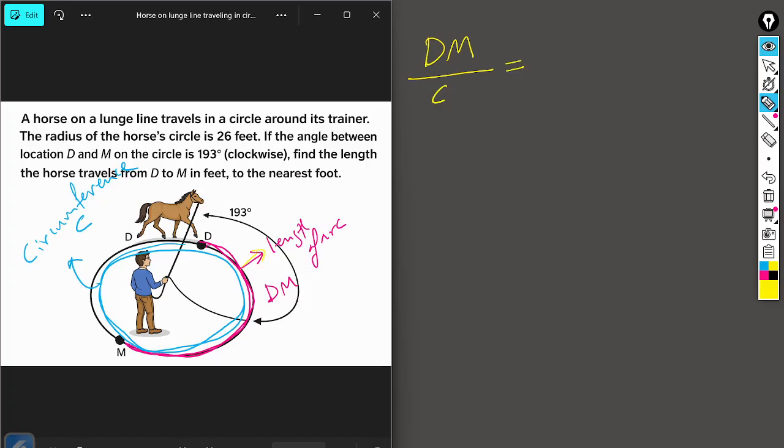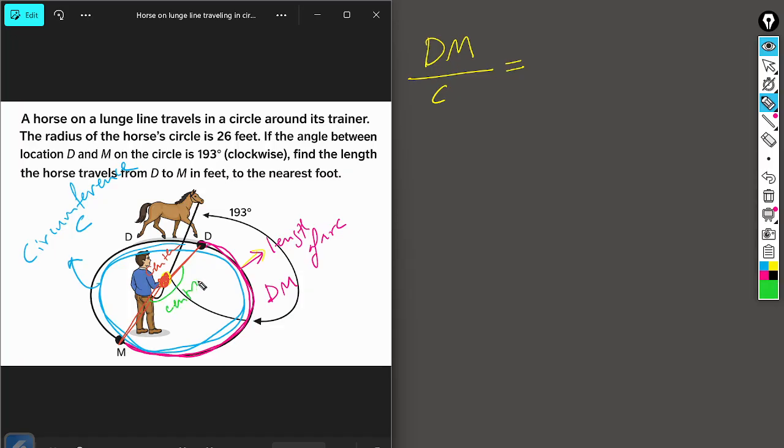So we finish with the length first. Then the second thing, we can deal with this point as the center, as we said. From the center to location D, and then from the center to location M, from the given information. So this is a central angle.